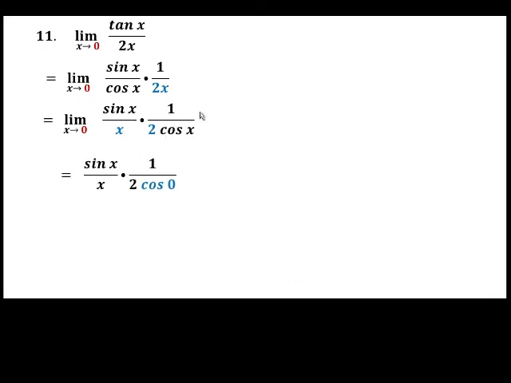And we evaluate this function as x approaches 0. This x becomes 0, so cosine of 0. While this fraction is equal to 1 according to the theorem, and cosine of 0 is equal to 1, so this is 1 times 1 over 2 times 1, so it is equal to 1/2.